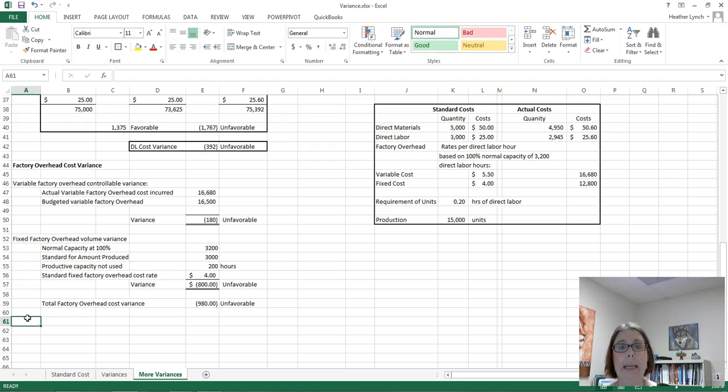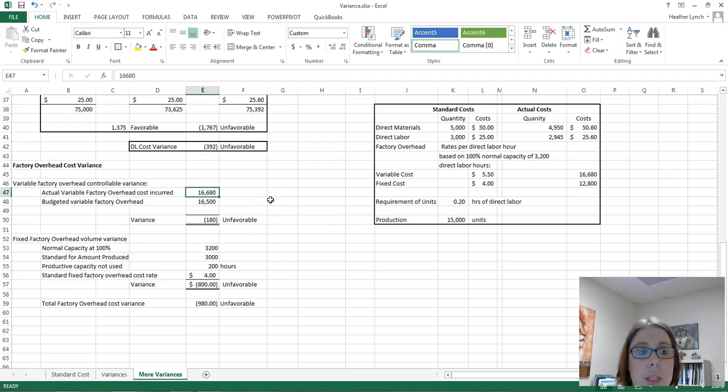And again, is unfavorable versus favorable good or bad? Not necessarily. Okay? We actually had 16,680. We budgeted 16,500. Okay? Our actual, more than our budgeted.